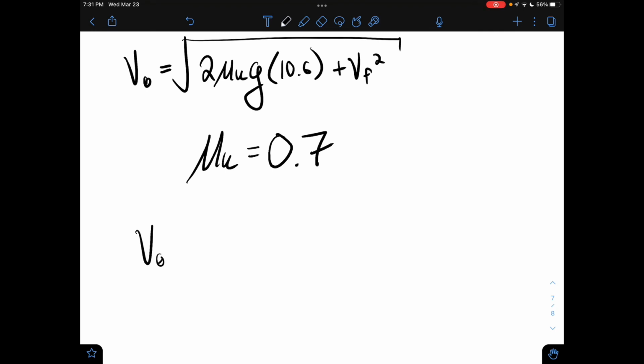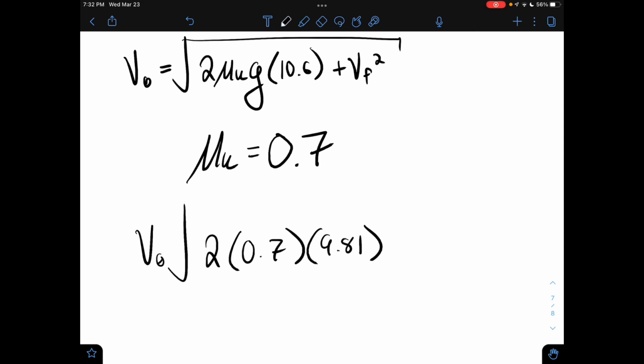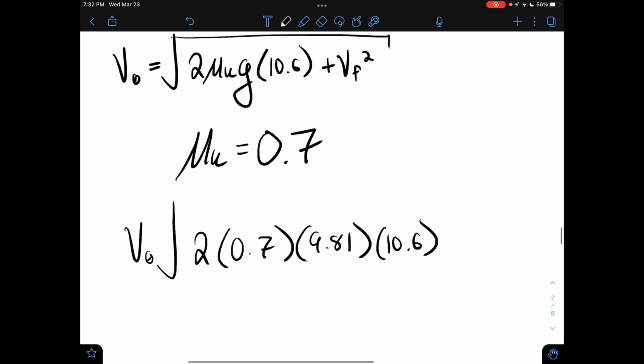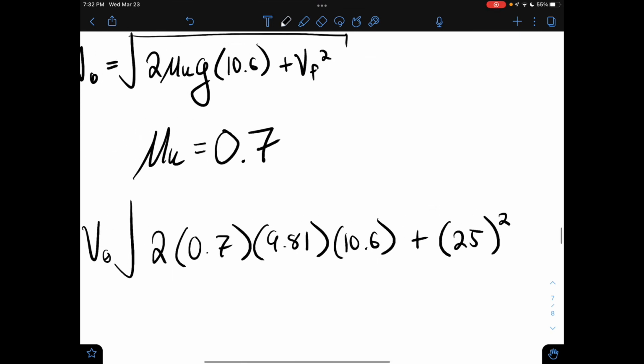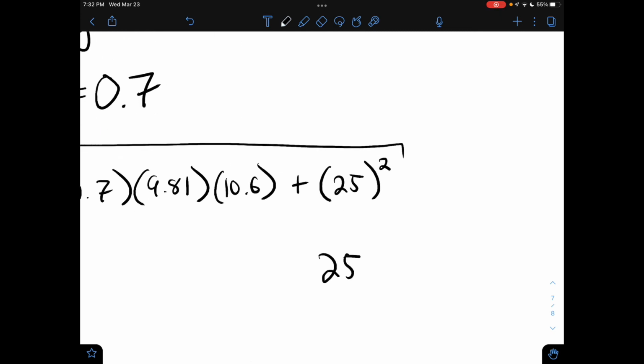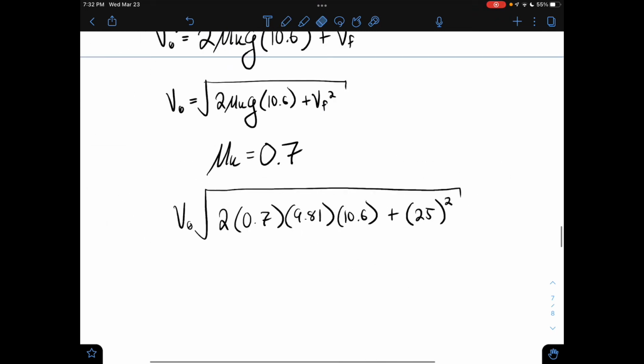So now we can find that our initial velocity is 2 times that mu k times g times 10.6 plus 25 meters per second, squared. Sorry, it's 25 meters per second squared as a velocity squared, not an acceleration.